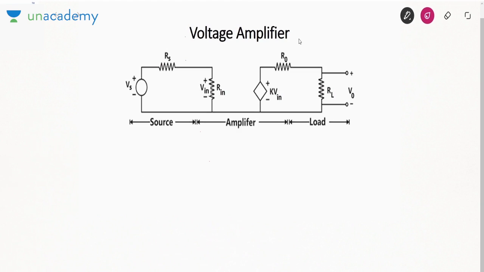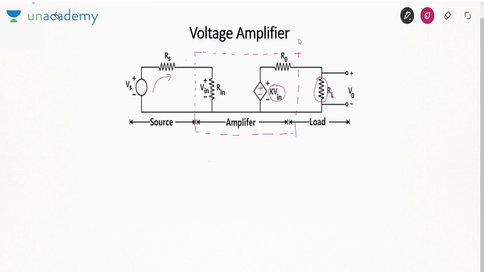The first type of amplifier that we have been studying till now is the voltage amplifier. Now this is the general model of an amplifier in which this part is your amplifier, and the rest are external components like source and like load. Now in this diagram, if you see, this basically is a dependent source, and it is a dependent voltage source because plus minus we have marked.